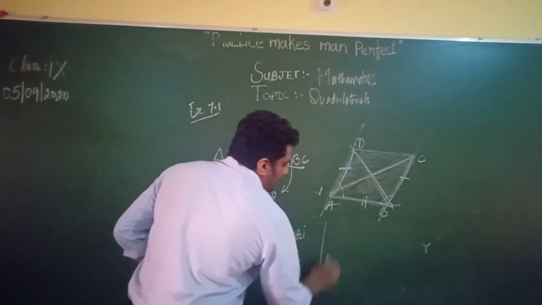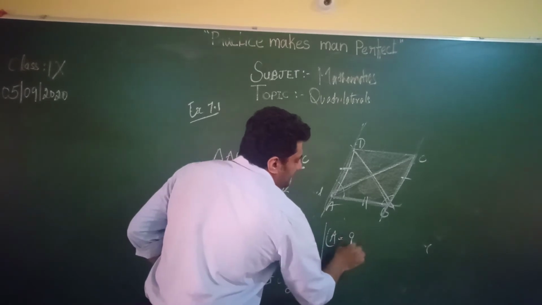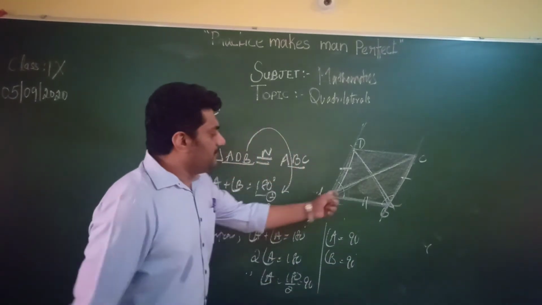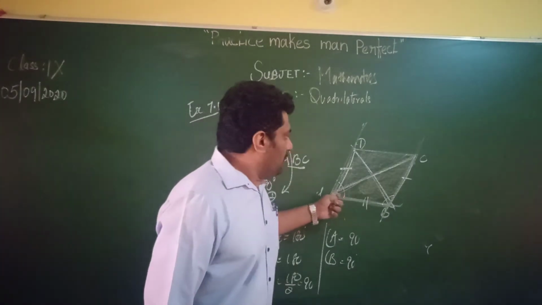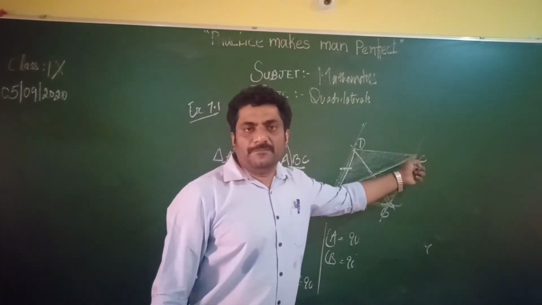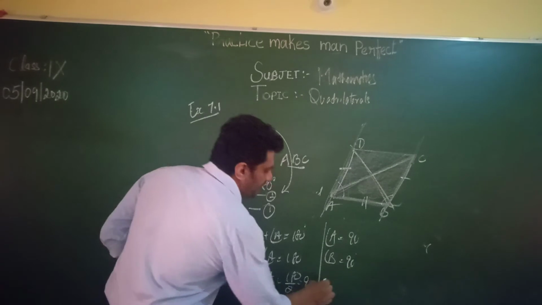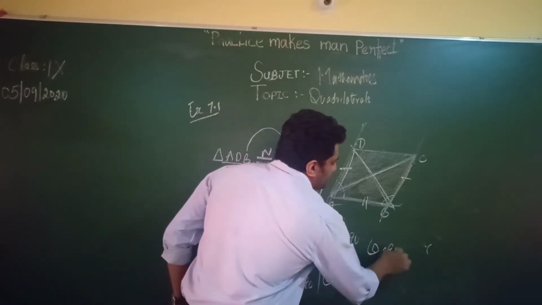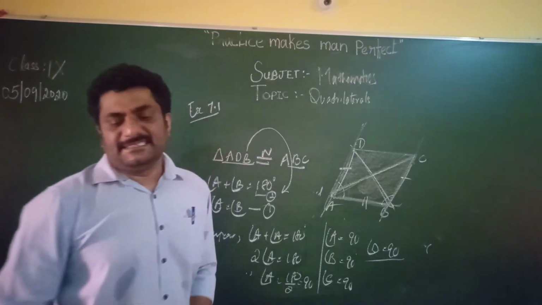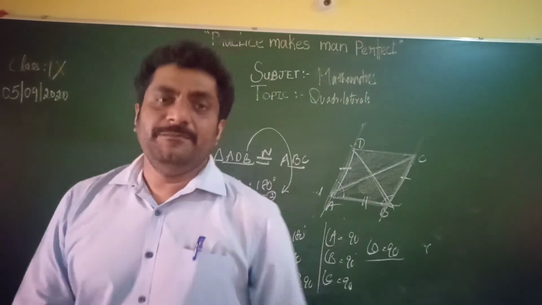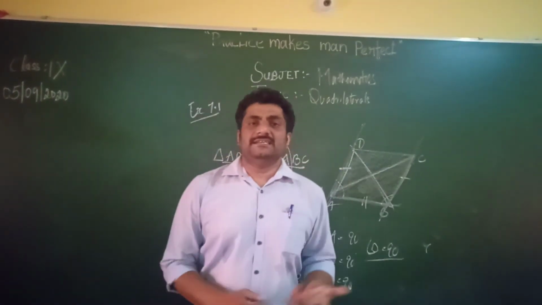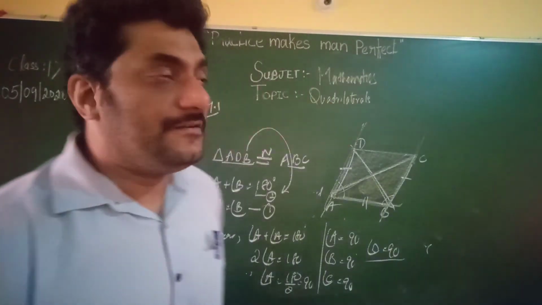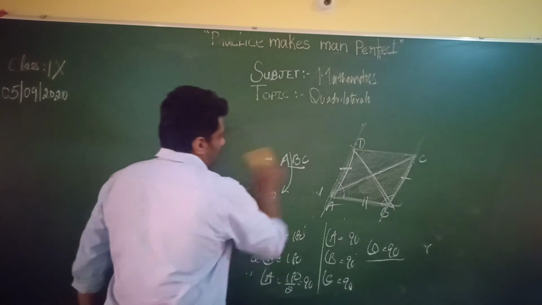So that means angle A is 90 degrees, angle B is 90 degrees. Now if I know angle A is 90 degrees, the opposite angles of a parallelogram are also 90 degrees. Angle C is 90 degrees, angle D is 90 degrees. That means in a parallelogram, we proved all the angles are 90 degrees. Hence, it becomes a rectangle. This is how we prove it.